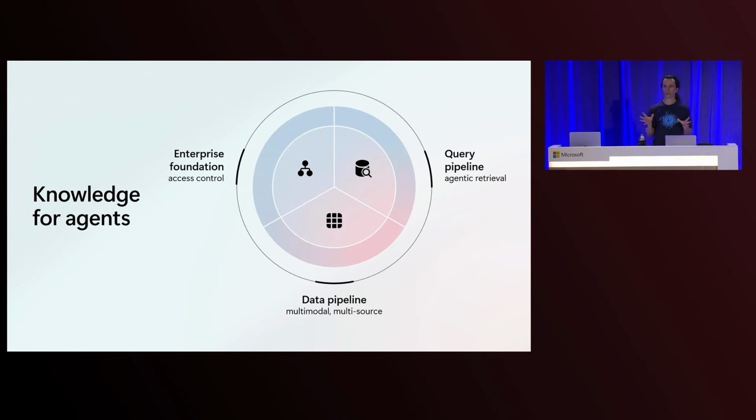In the context of this talk, I'll break down the problem of evolving search into 3 fronts. I'll talk about the query pipeline and how agentic retrieval can take search to the next level. I'll talk about the data pipeline and how you bring data to the search engines in the first place so you can answer questions. And finally, I'll talk about the critical element of access control when it comes to agent-based scenarios.